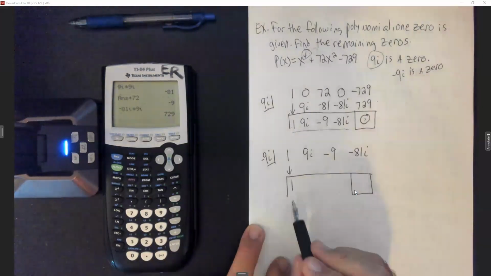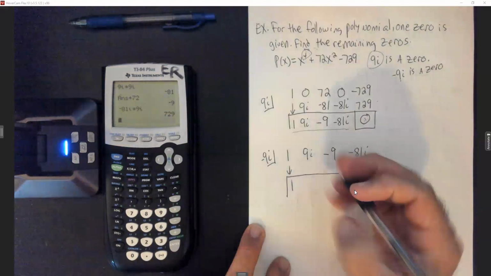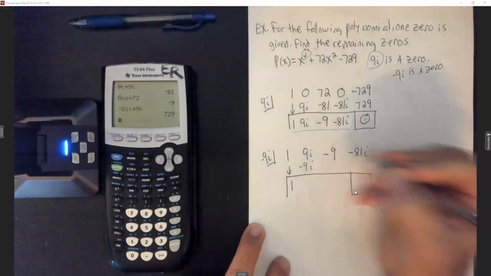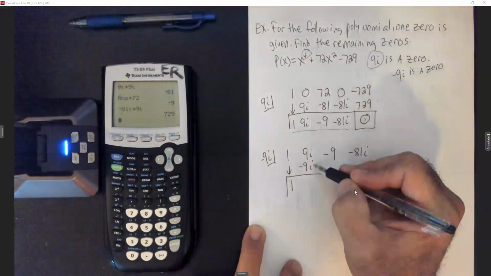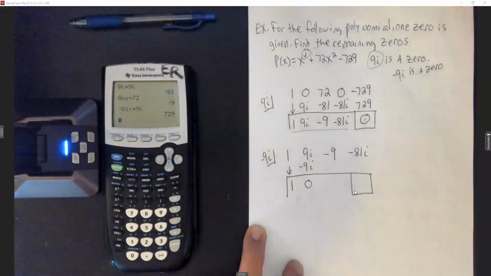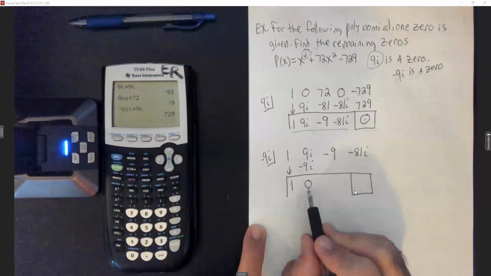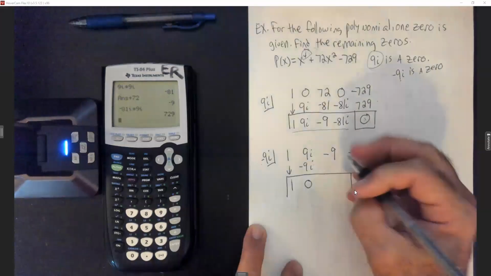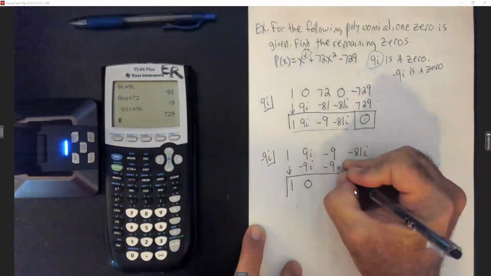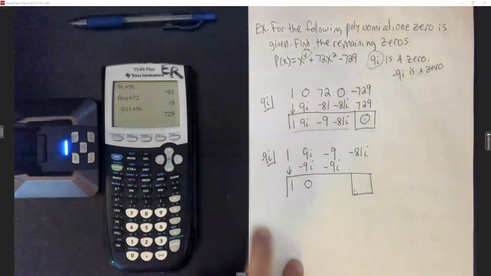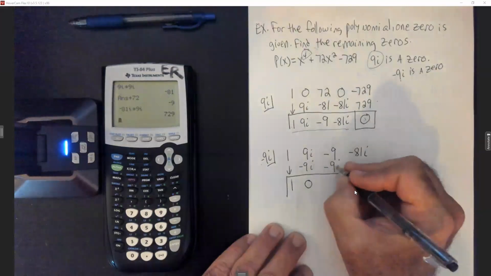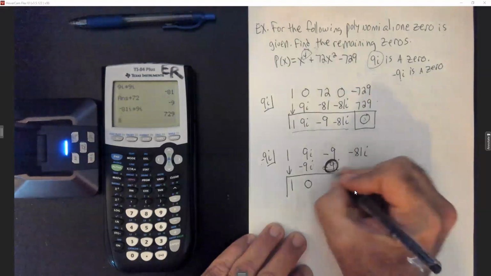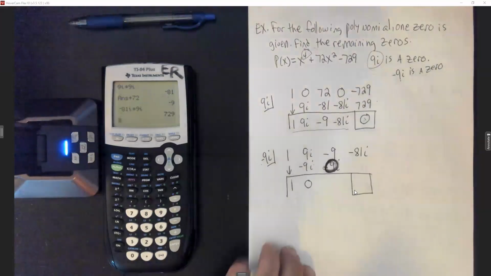1 times negative 9i is a negative 9i. Well, when you add 9i and negative 9i, you get 0. 0 times negative 9i is a negative 9i. Whoops, my bad. Y'all, 0 times a negative 9i is a 0. Woo, I'm getting bad.